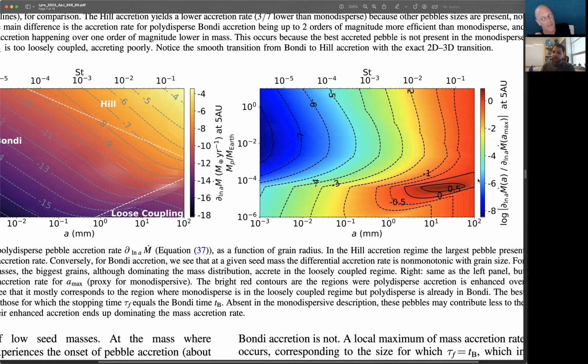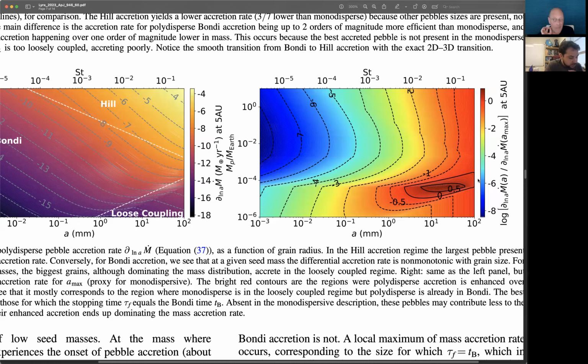It's coupling to the gas in the same time that it takes to go through the Bondi radius of the protoplanet. So that's why this is happening. And what is the consequence of that? You have a bigger accretion rate for a smaller pebble size, and you have those pebbles in your distribution.